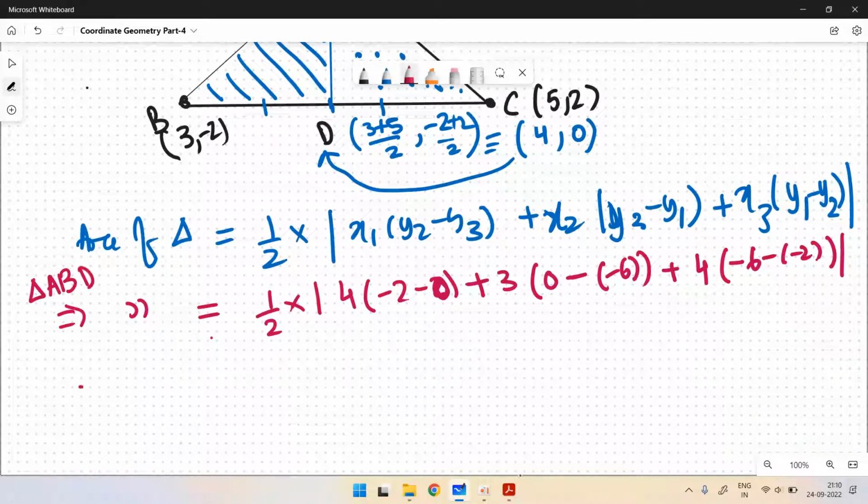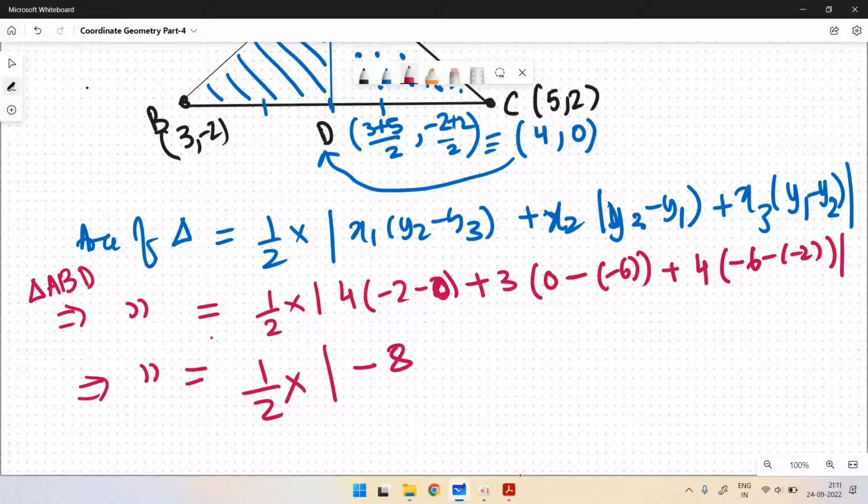So this implies half into minus 2 minus 8, 18, plus 6 plus 18. This is minus 4 into 4, minus 16. So minus 16 minus 8 is minus 24, minus 24 plus 18 is minus 6.